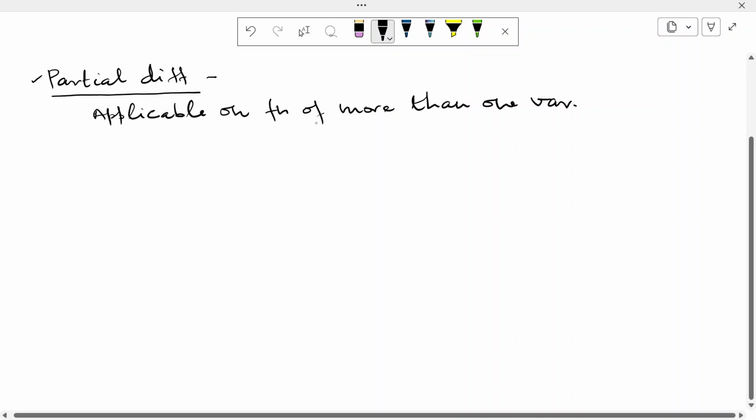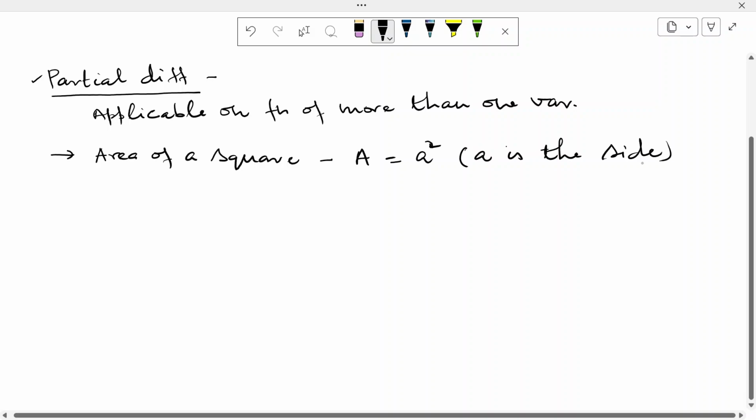Now what do we mean by this? Let us take an example. If you are dealing with a square, and you have to calculate the area of a square, that will be a squared, where this a is the side of the square.